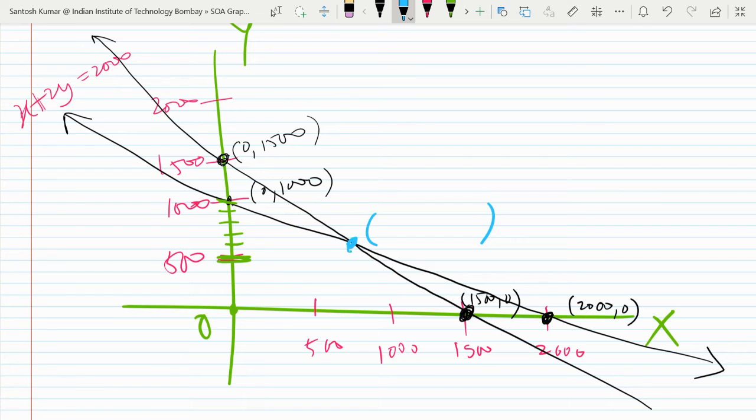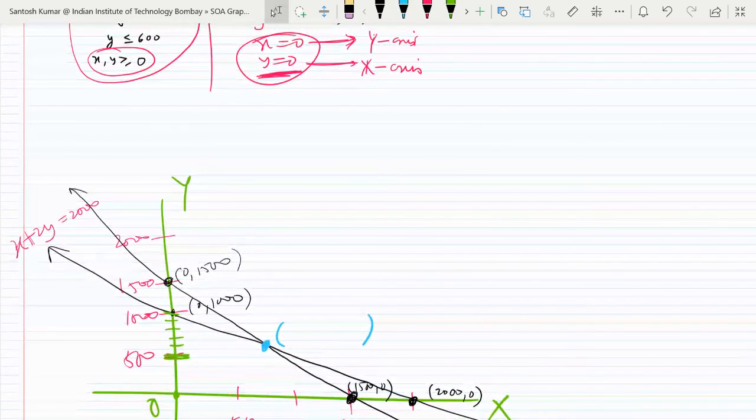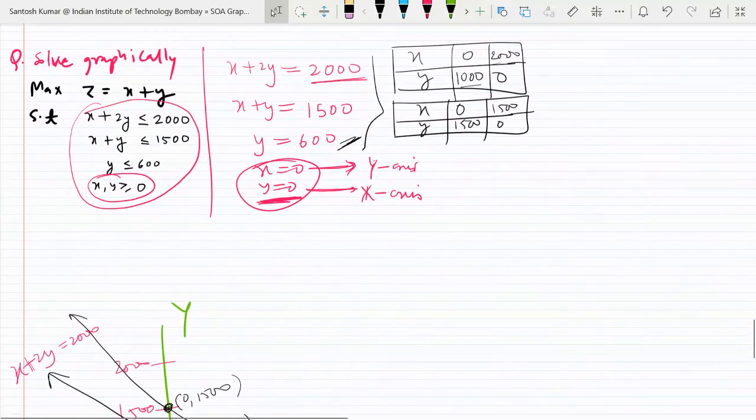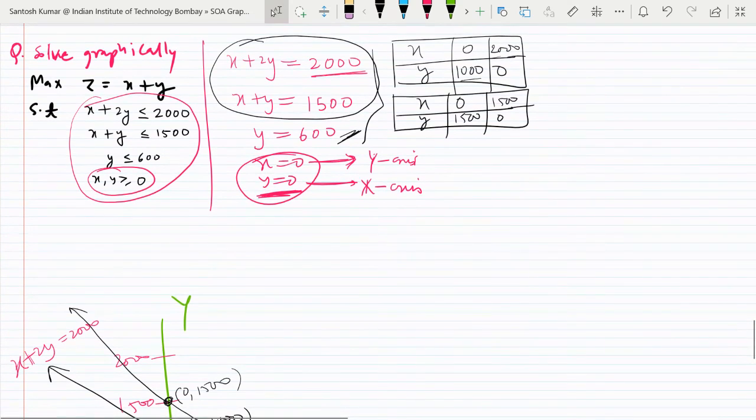How will you find it? Anyone would like to tell? I want to find the intersection point of these two lines. Common point of two straight lines, using their equations. Yeah, tell me quickly.